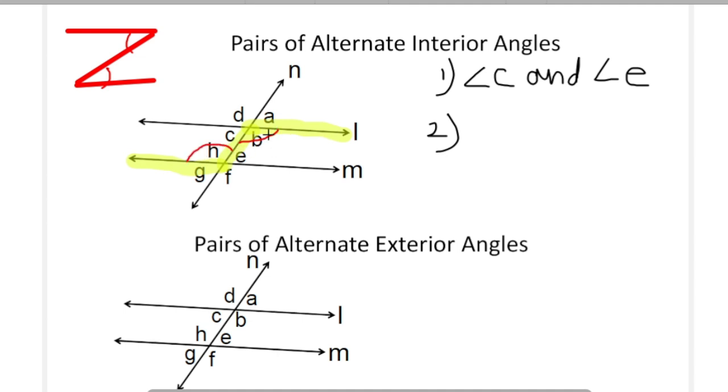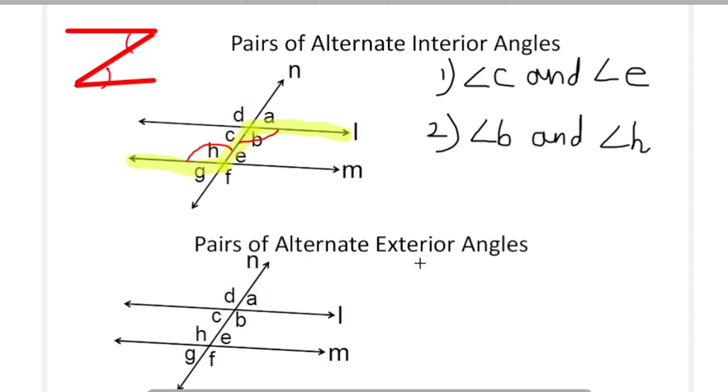And always remember, alternate angles are formed on the opposite sides of the transversal. So the second pair of alternate interior angles is angle B and angle H. I have shown it with red color. So here there are only two pairs of alternate interior angles.